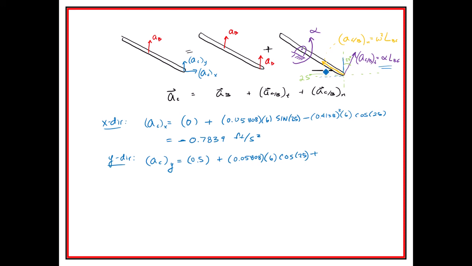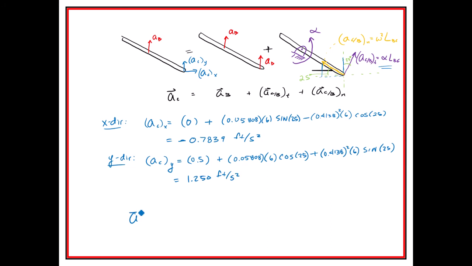We know it's right there, for the 0.4138 squared times 6 times the sine of 25, and the results of this are 1.250 feet per second squared.